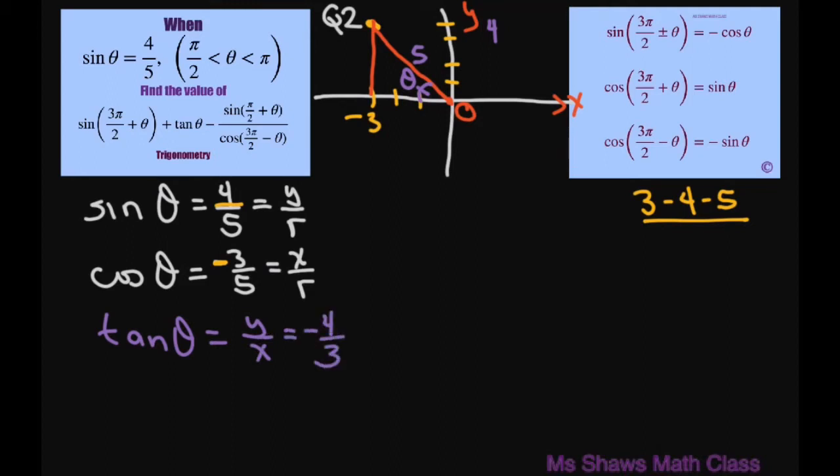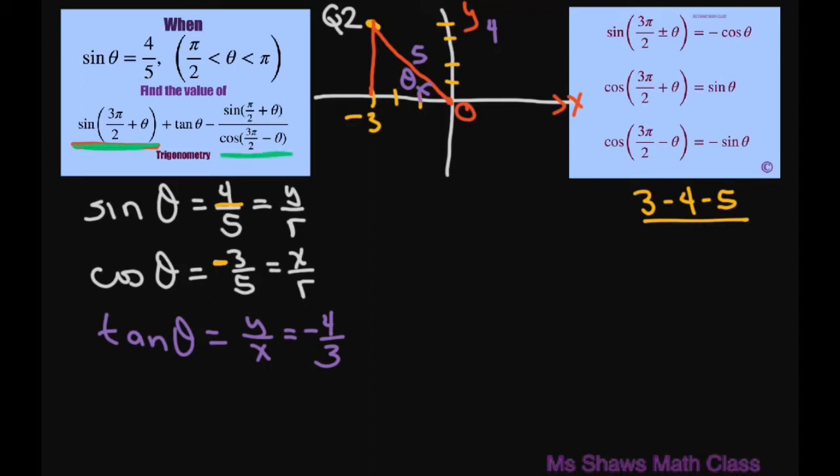Now, let's look at this one right here. You can either use your sum and difference formula, or you can look at the graph and look for the reference angle. Sometimes these two right here are going to start popping up a lot.